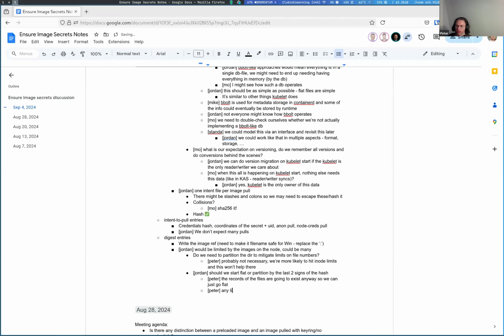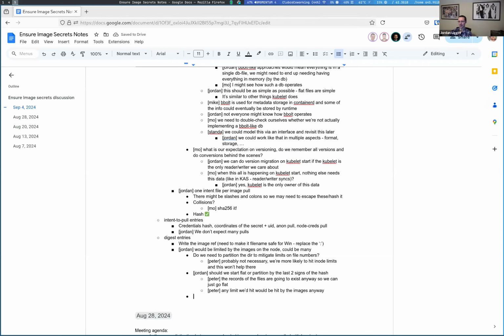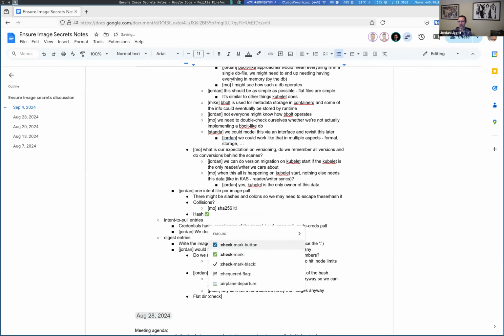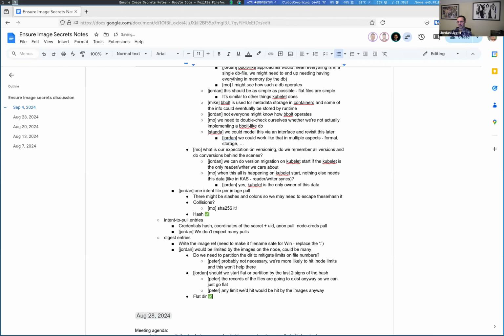I'm not worried about disk space because these are going to be tiny relative to the actual content of the images. I mostly wanted to make sure we weren't going to hit some bizarre limit with the file system, like you may not have more than 10,000 peer items in a single directory. Okay. Cool.